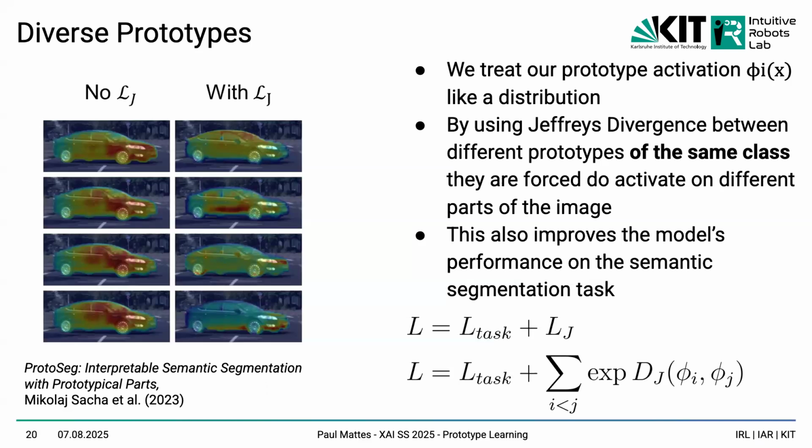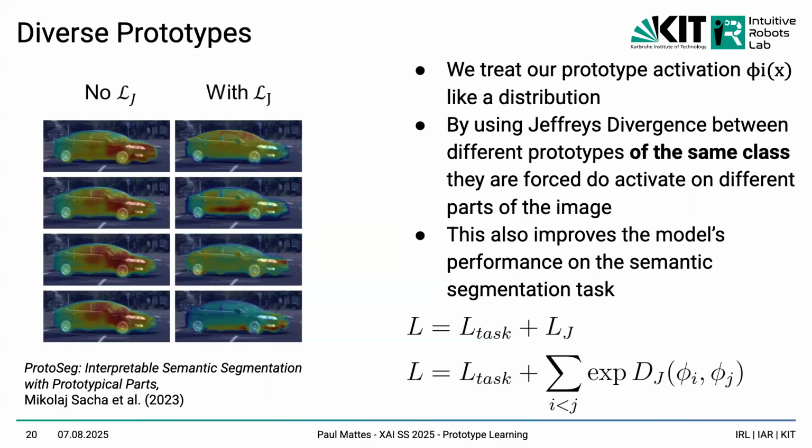Can you explain again why we want prototypes of the same class to activate on different parts of the image? Because a prototype should always represent one specific thing of the image, right? Yes, but we can have multiple prototypes for one class, right? Mm-hmm.